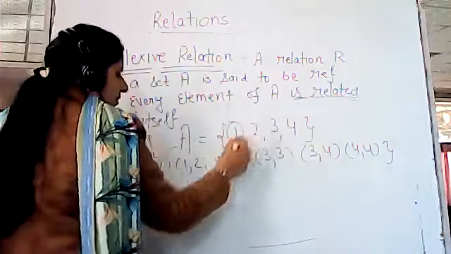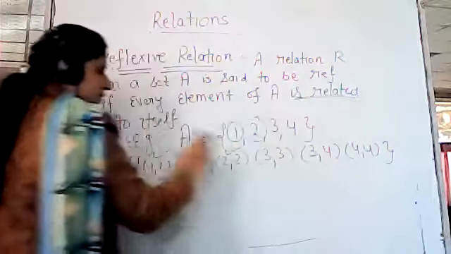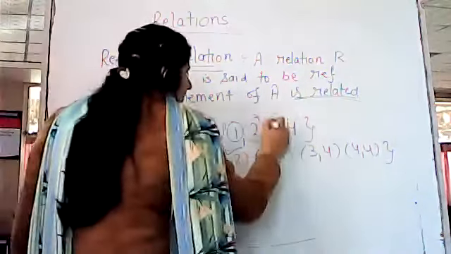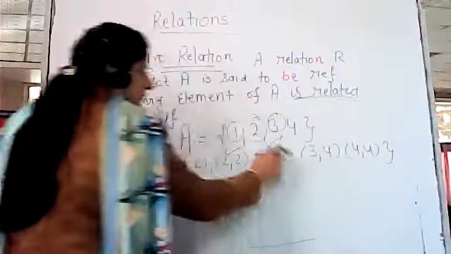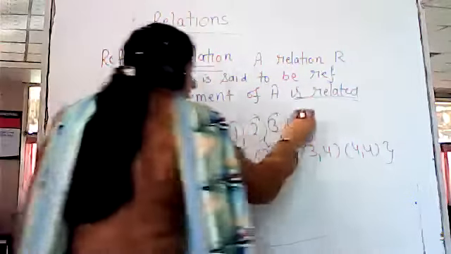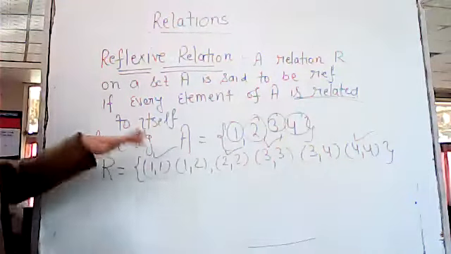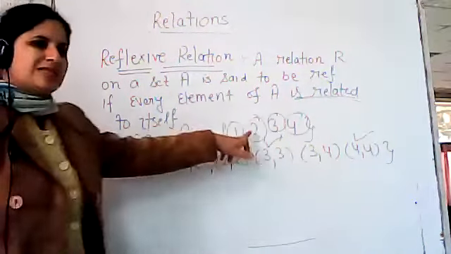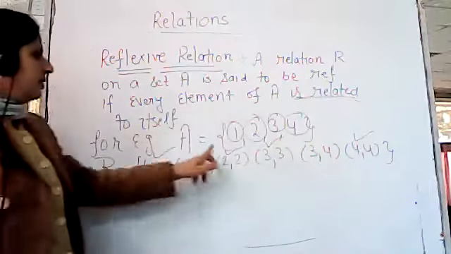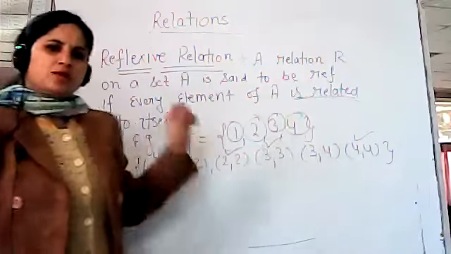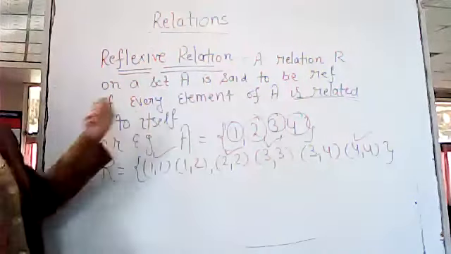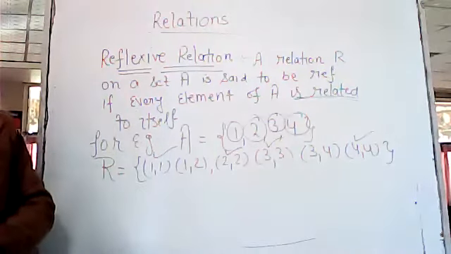Second element 2. 2 is associated with 2. Yes, it is true. Third element is 3. Again 3 is associated with 3. Next element is 4. 4 is also associated with 4. It means every element of set A is in relation with itself. So we can say the relation R is a reflexive relation.